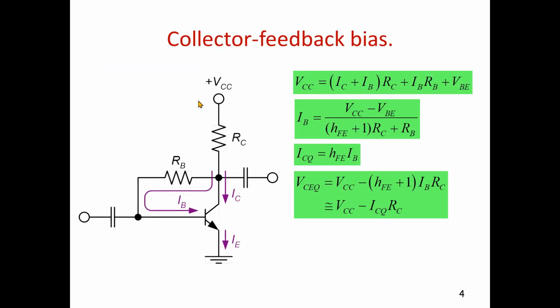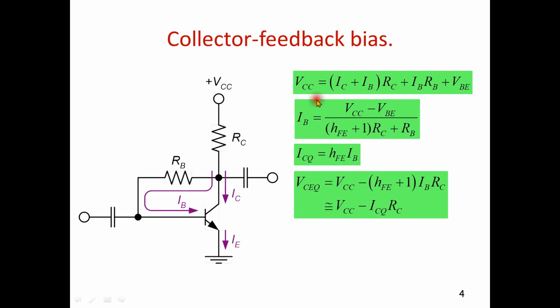Okay, and then this collector to base bias, that is the collector feedback bias circuit, has the configuration in this fashion: the collector resistor, the base resistance via which the base current flows through the transistor, and the collector current which flows over here, and the emitter terminal is grounded, since it is a common emitter configuration.